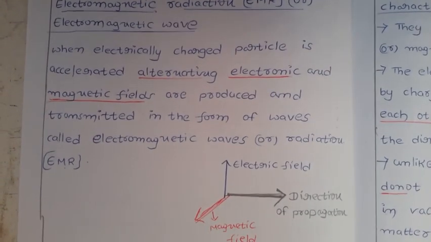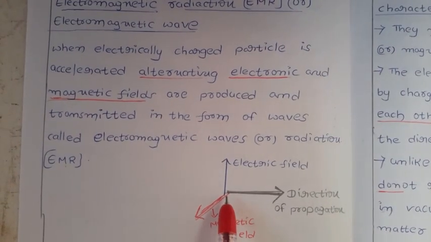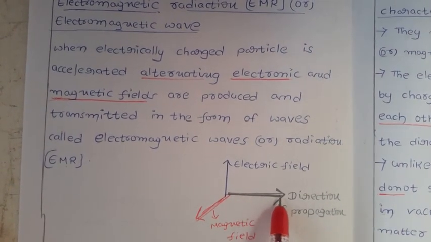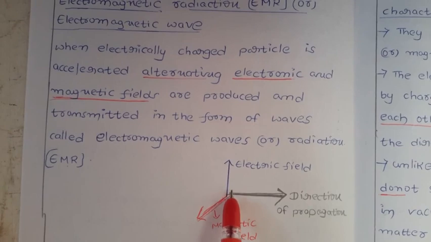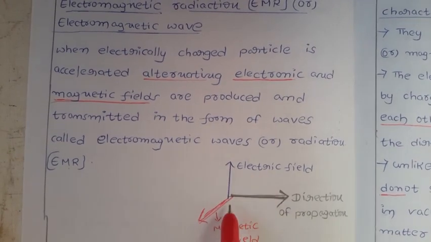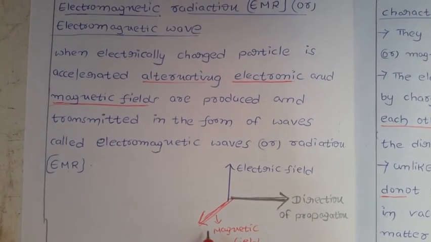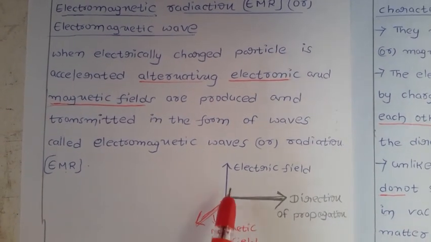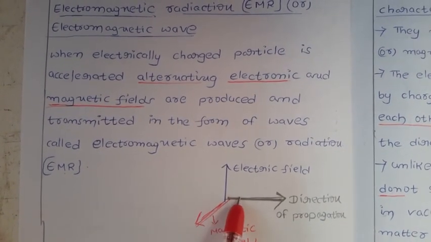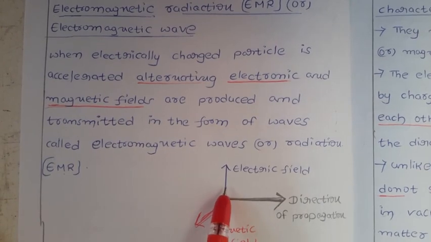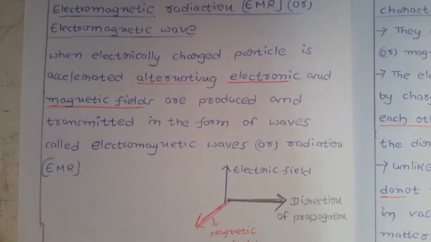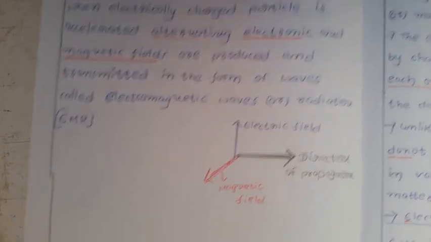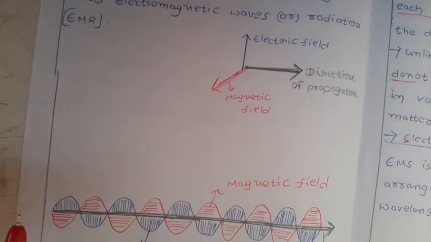For example, if you see here, we have one particle moving in this direction. Here there is a production of electric field and magnetic field. Now see here, all are perpendicular to each other. There is an angle between these two, how much? 90 degrees, and both are perpendicular to each other. Now you can see one diagram.